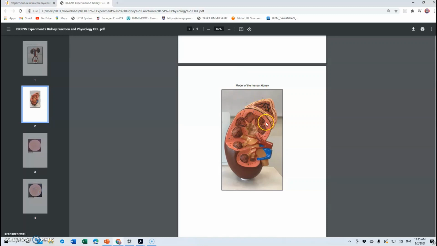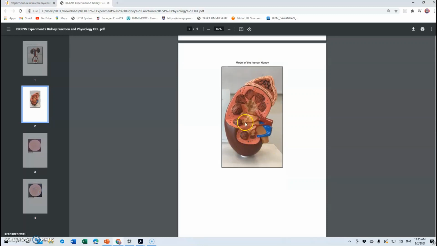So make sure you draw it neatly using a pencil and label all the structures involved: the nephrons, the renal medulla, the renal cortex. This is the adrenal gland above the kidney, and the blood vessels. In order to help you label all the structures, you can refer to your books, and you must also watch the video prepared by Dr. Khaniza explaining this experiment.